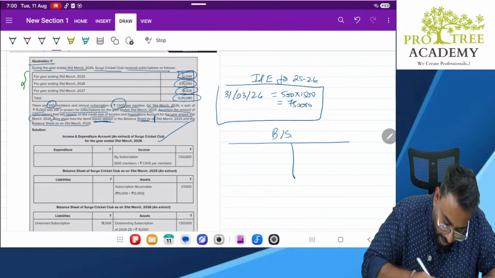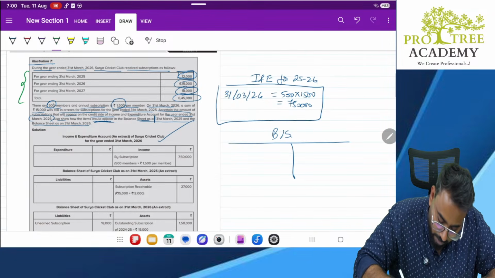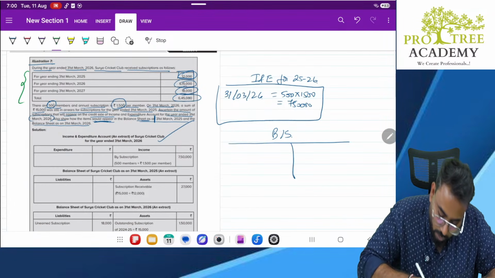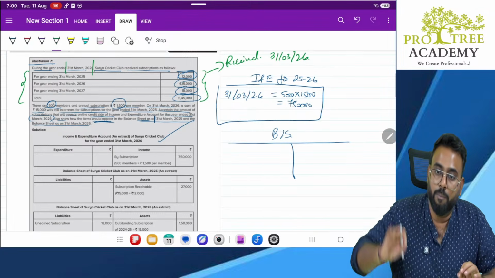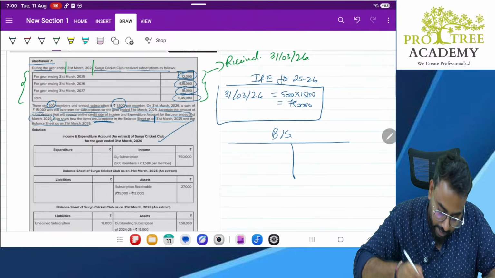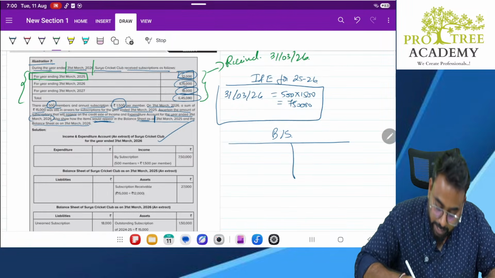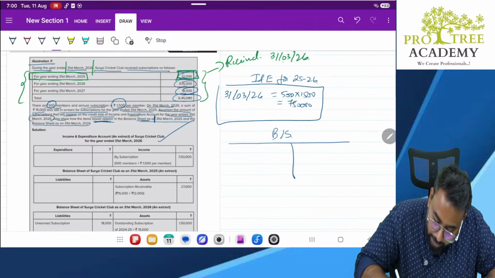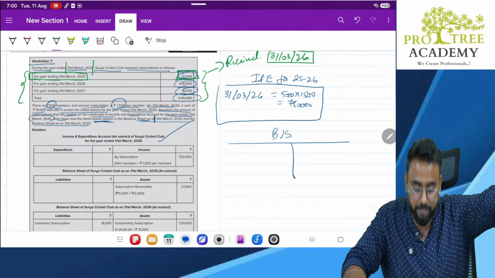See, these are the amounts that has been received. When received? Received as for 31st March 2026. That means it was received before 31st March 2026. But this belongs to which year? 31st March 2025. That means if this amount is received in 25-26, that means it was outstanding in 24-25.